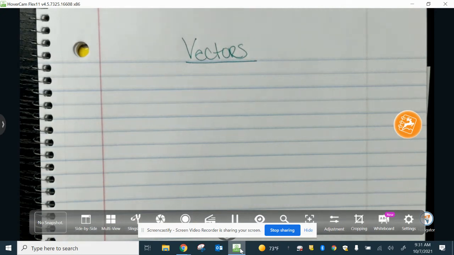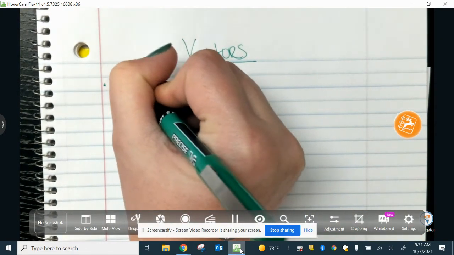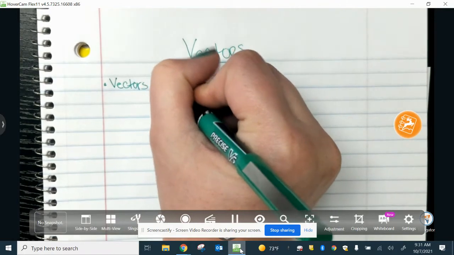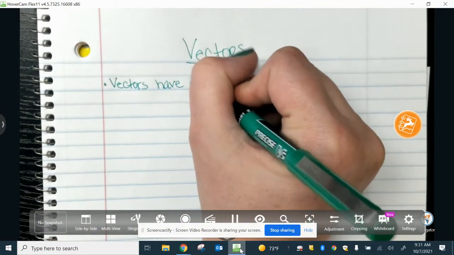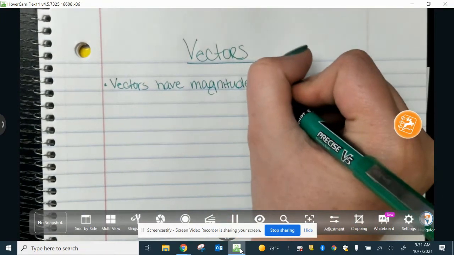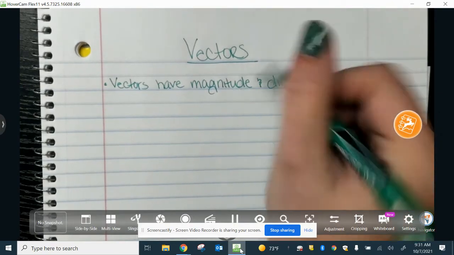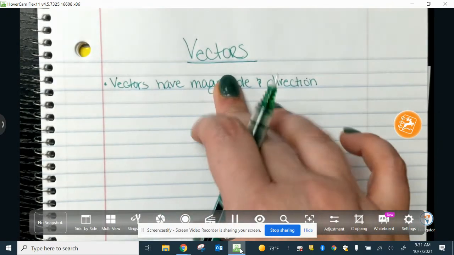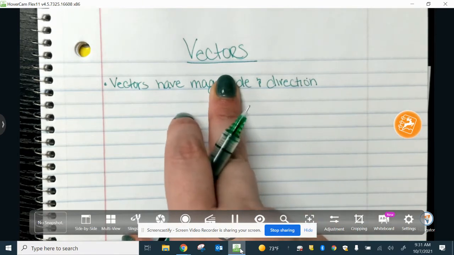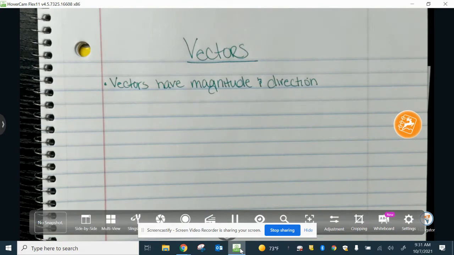All right, so we know that vectors have magnitude and direction. Remember that magnitude means it has a number, like a scale, like 4, 48, 52, and direction: north, east, right, west.